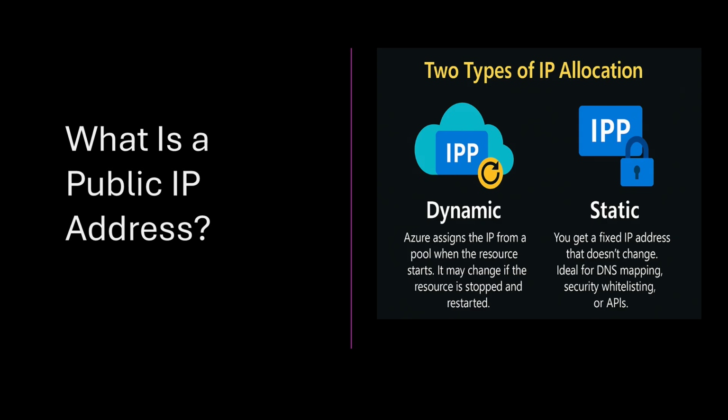There are two types of IP allocation: dynamic. In this case, Azure assigns the IP from a pool when the resource starts. It may change if the resource is stopped and restarted. And static. In this case, you get a fixed IP address that doesn't change, ideal for DNS mapping, security whitelisting, or APIs.